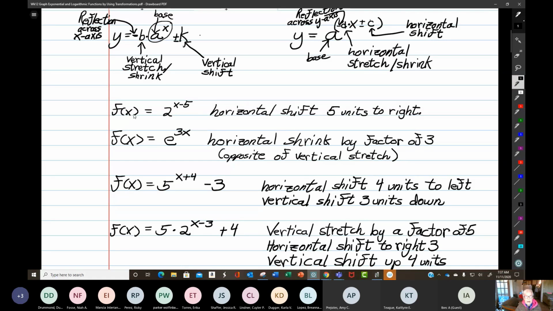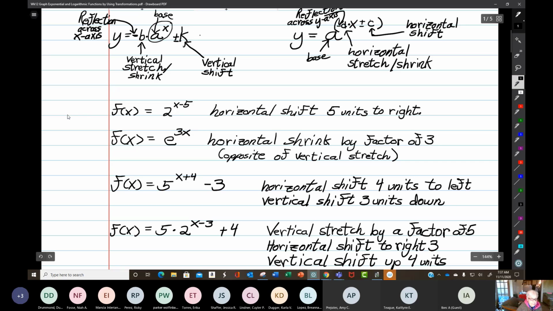Here we have f of x equals 2 to the x minus 5. Well, you need to be able to figure out what the basic function is. Remember, that's always a part of working with transformations. What is your basic function?